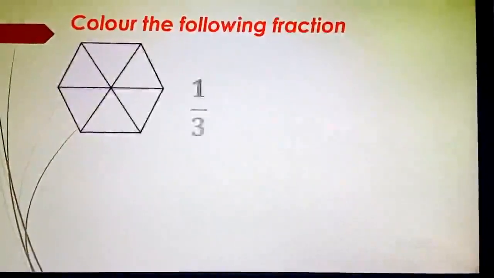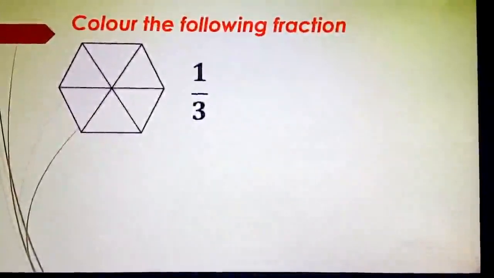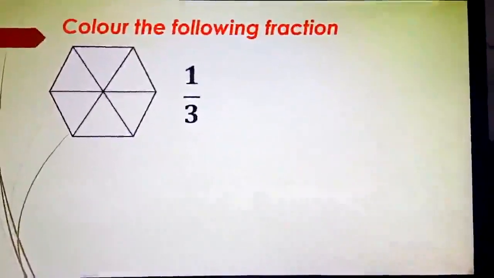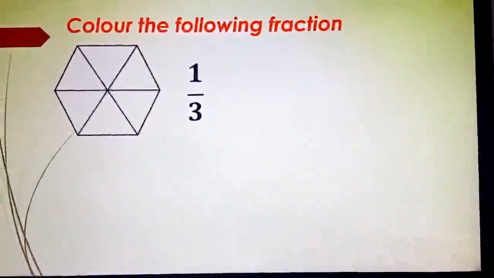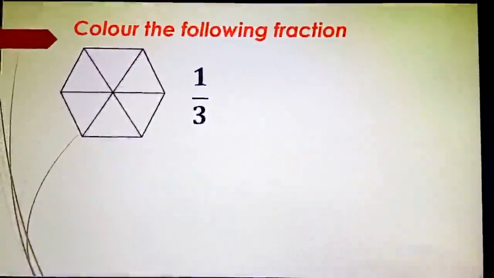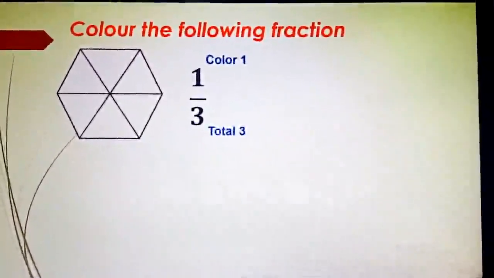Another question. Color the following fraction. Color third, 1/3. Here we have to color 1/3 fraction. To color 1/3 fraction, this means we will take one part from total 3 parts. Color 1, total 3.